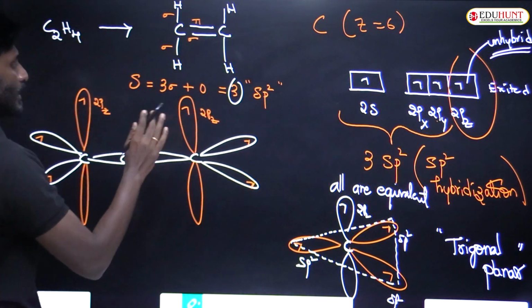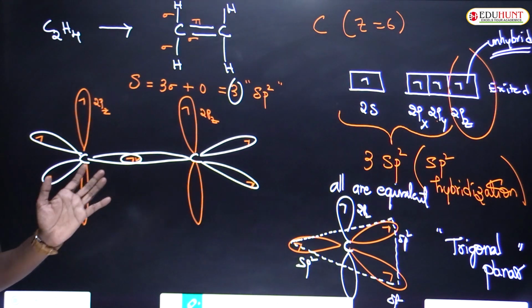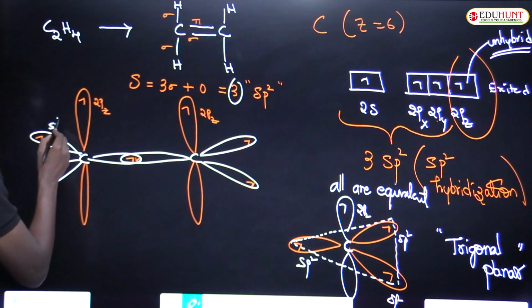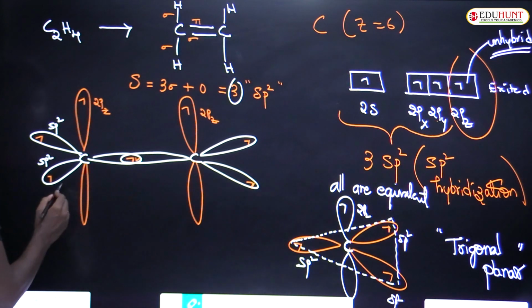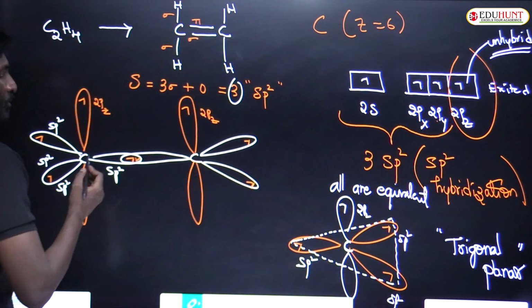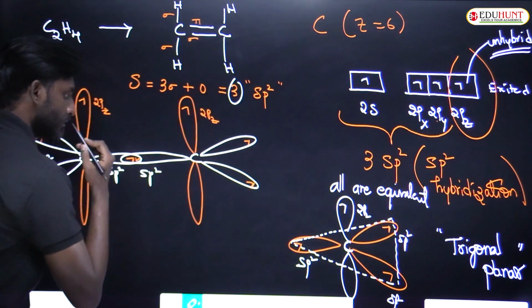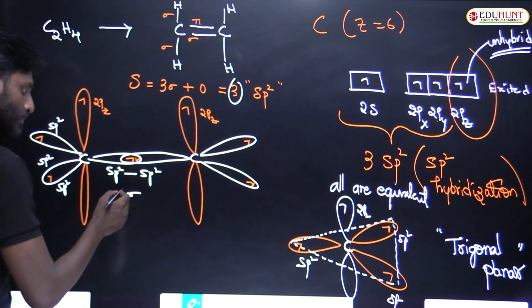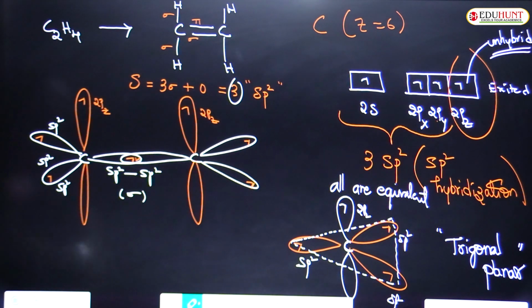So this orange orbital is the unhybrid pure orbital, and all these white ones are hybrid orbitals. The sp2 of one carbon overlapped with the sp2 of another carbon. So this is an sp2-sp2 sigma bond. A single bond is always sigma.